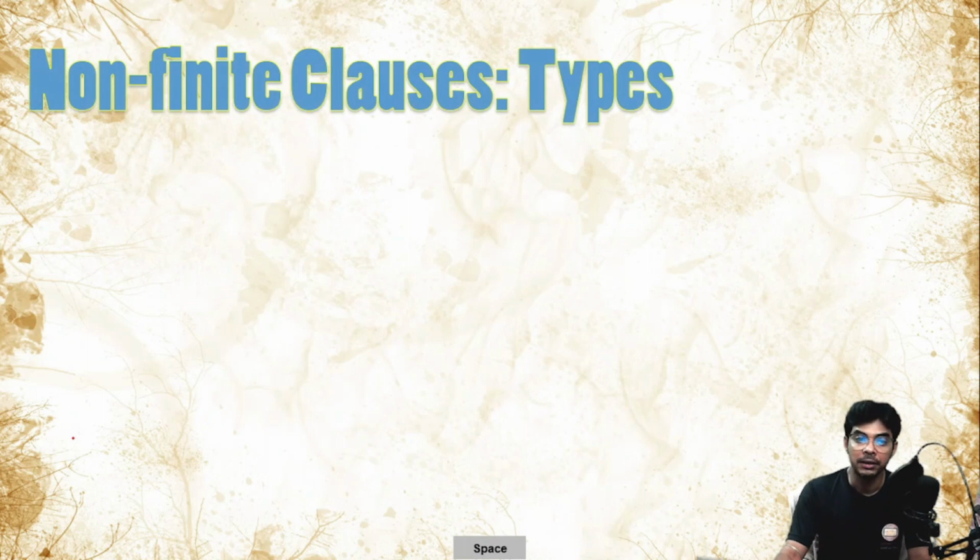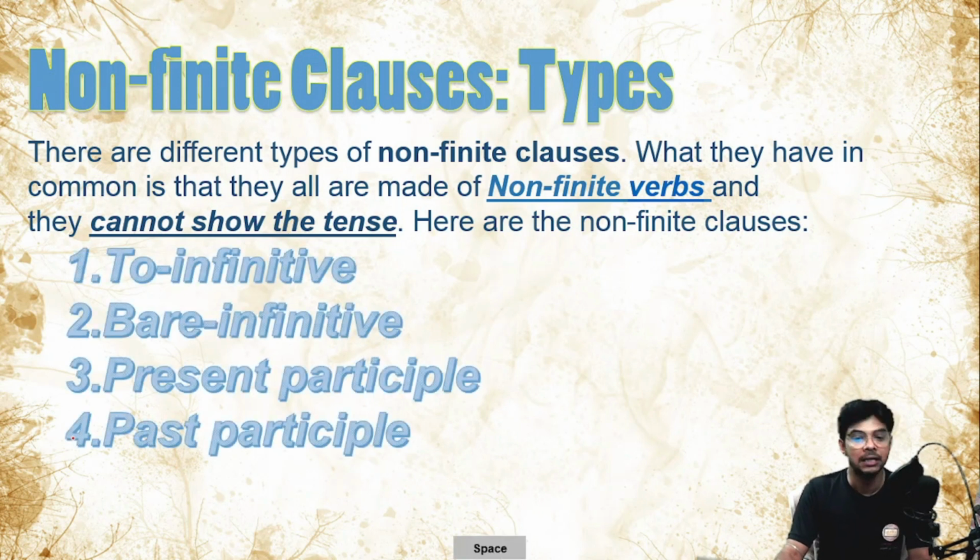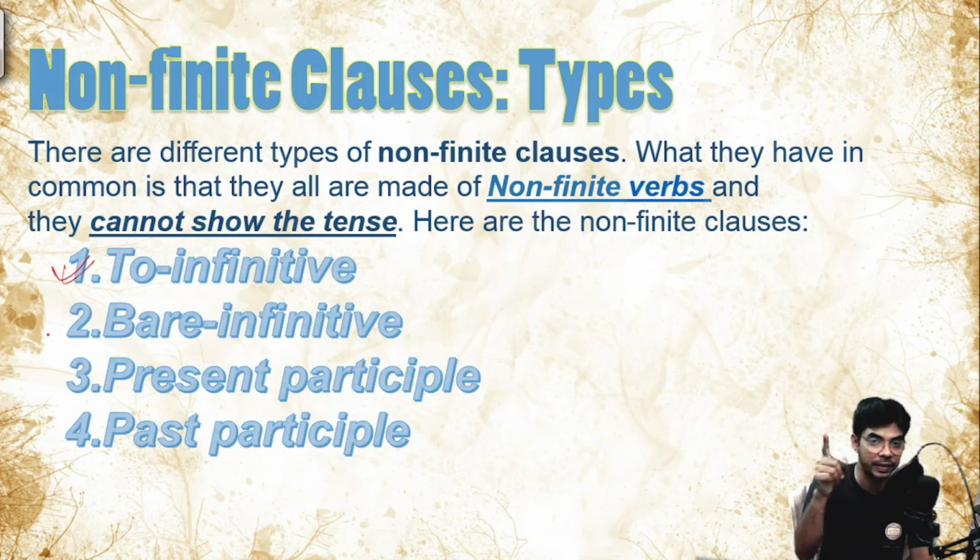And obviously, now we have to learn about the different types of non-finite clauses. We have already learned that non-finite clauses are comprised of non-finite verbs, and being non-finite, they cannot show the tense. But where are they used? Here we have four different kinds of non-finite verbs, which may be used as four different types of non-finite clauses, and the first of them is to-infinitive. We have already learned it.